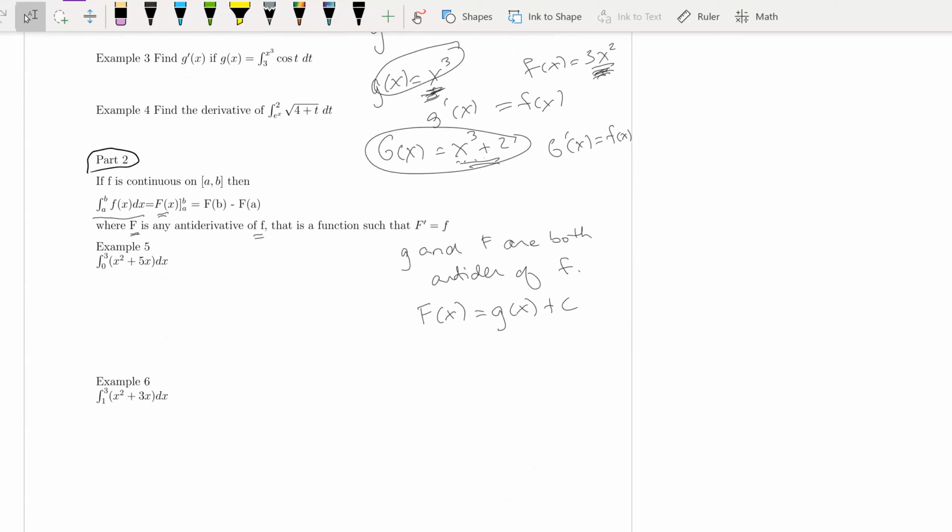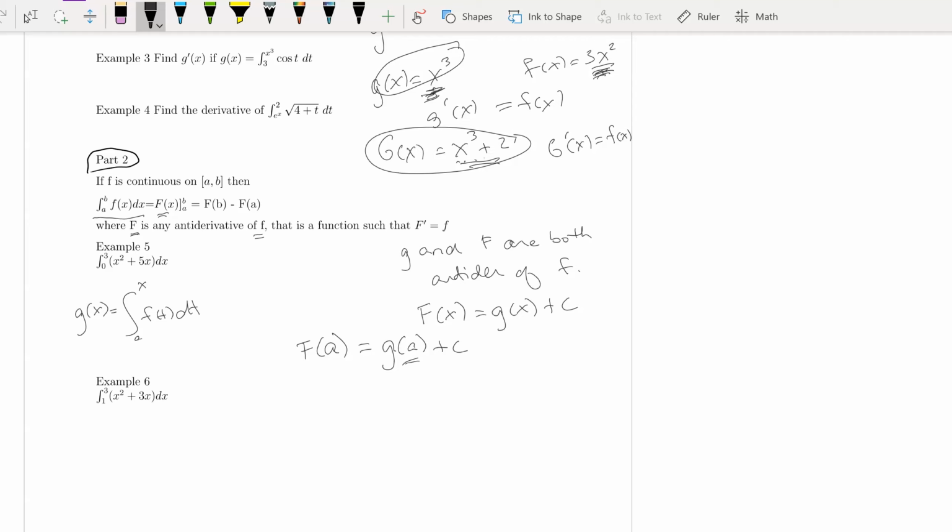Okay. So now I'm going to play with these a's and b's. So what will g of a, or F of a be? So that means I'm going to put a in here, right? Now I'm still using that definition of g from the beginning. So now think about it.